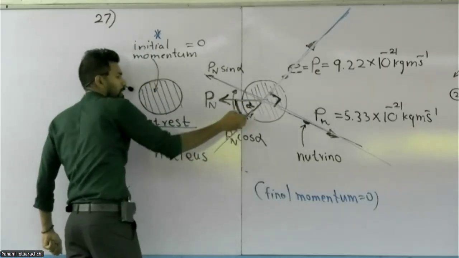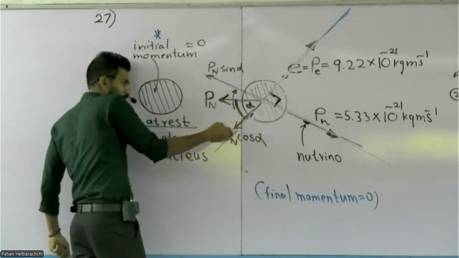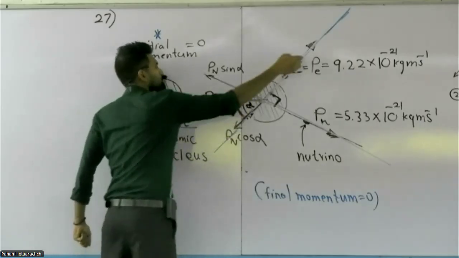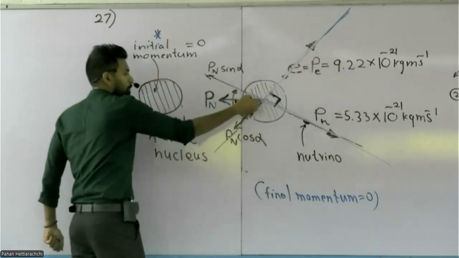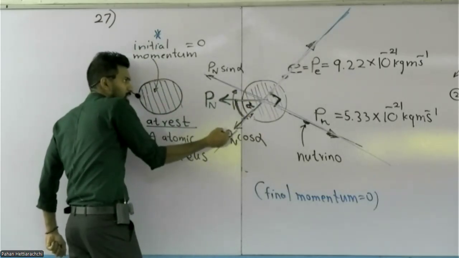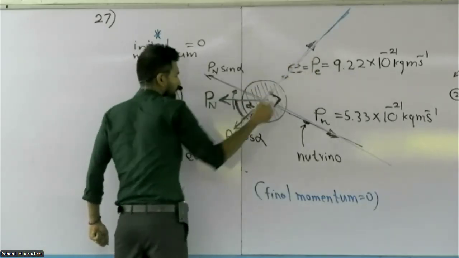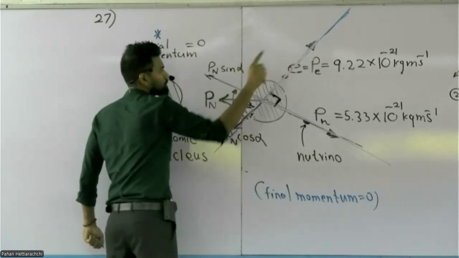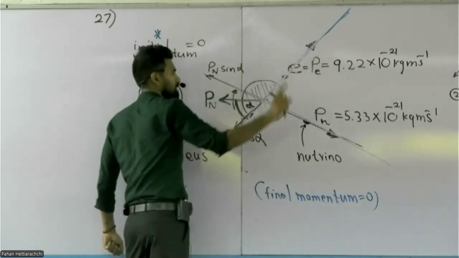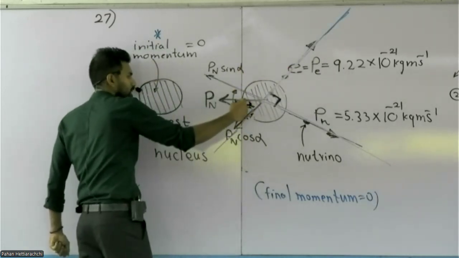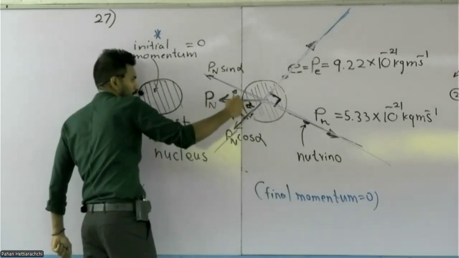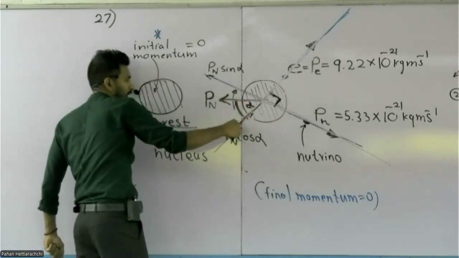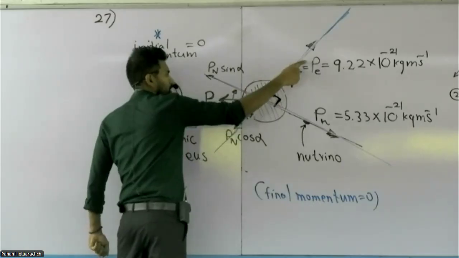P_N cos alpha. So P_N cos alpha should cancel out the electron's momentum in the opposite direction. Value-wise, it is equal to the electron momentum and they are in opposite directions, so they cancel out. So one problem is solved. The electron momentum is cancelled by the component P_N cos alpha of the recoiling nucleus.